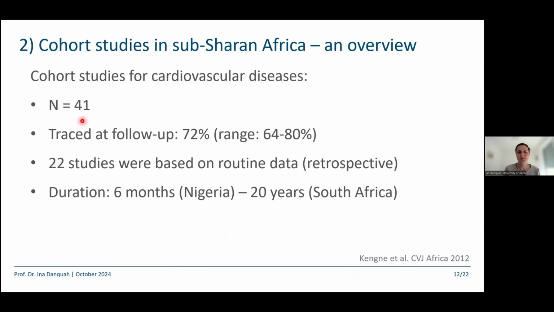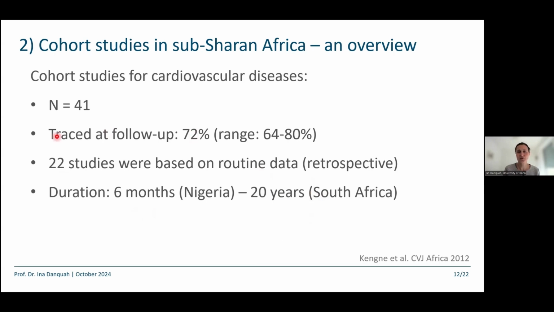We have only 41, and you can see that more than half of those were based on routine data. So what we have previously called a retrospective cohort study. Again, here the duration of follow-up is very diverse, and only few studies have a duration of more than 10 years of follow-up.